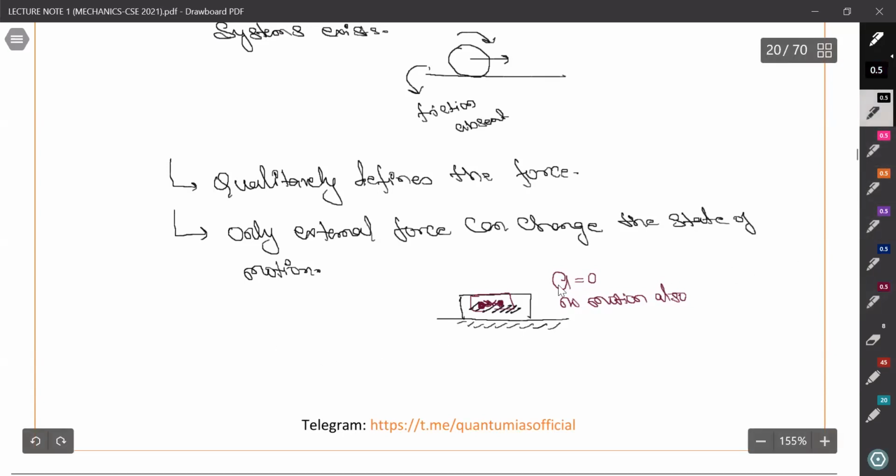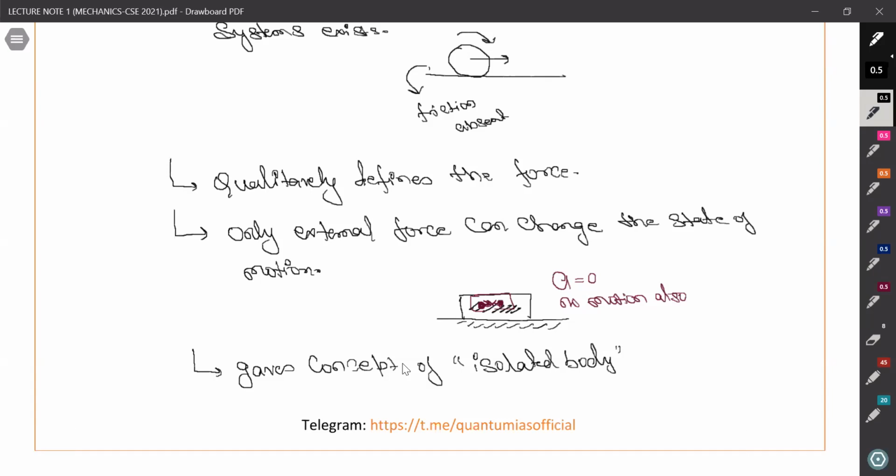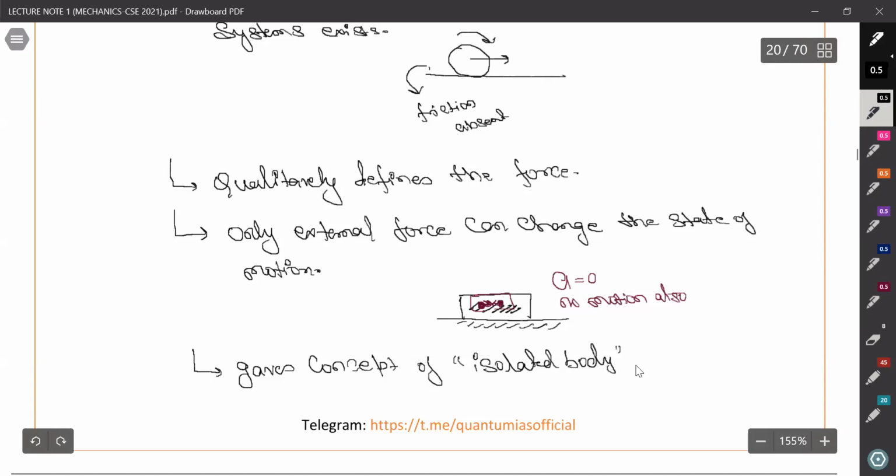Also, Newton's first law gives the concept of what we call an isolated body, an isolated system. You will hear these terms very often in physics. So what is this isolated body? If we free a body from all interactions, it is an isolated body.